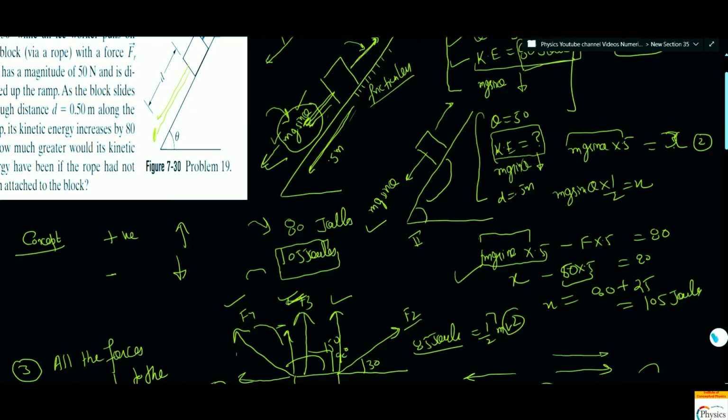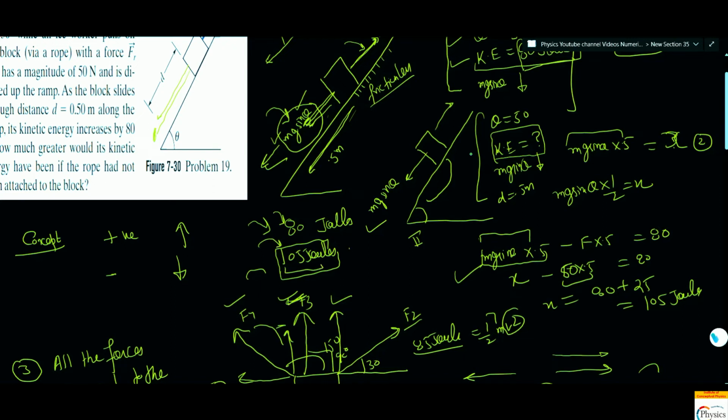Right. So let's go back and see what the question is. The question is, how much greater would the kinetic energy have been if the rope had not been there? So how much greater? Which means they're asking about the difference. Earlier, you just gained 80 joules. Now you have 105 joules when the rope is not there.